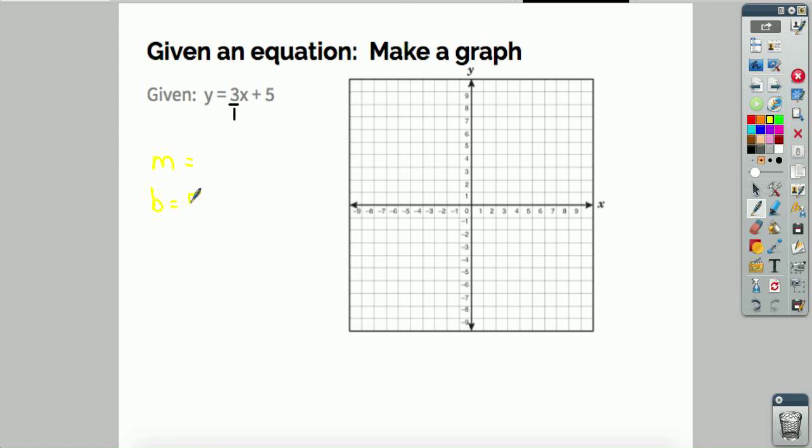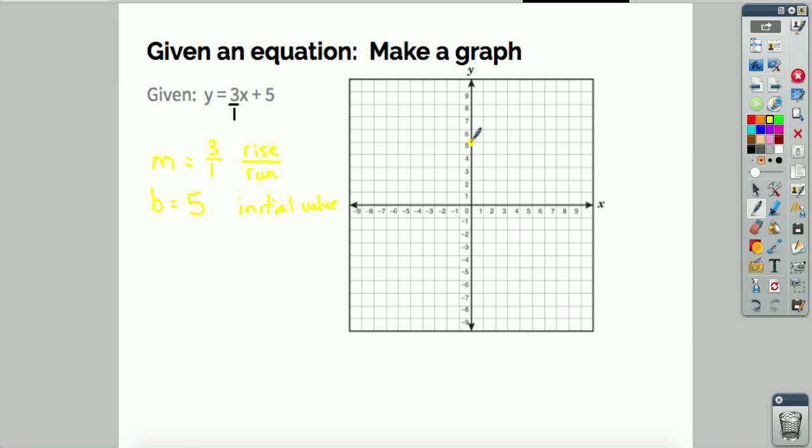So I know that b is 5, and I know that that is my initial value, and that is also the y-intercept. So over here on the y-intercept at 5, I can put a dot because I know that that is a point that is on my graph. I then am going to use my slope, or my m value, which also represents rise over run, to get to another point.